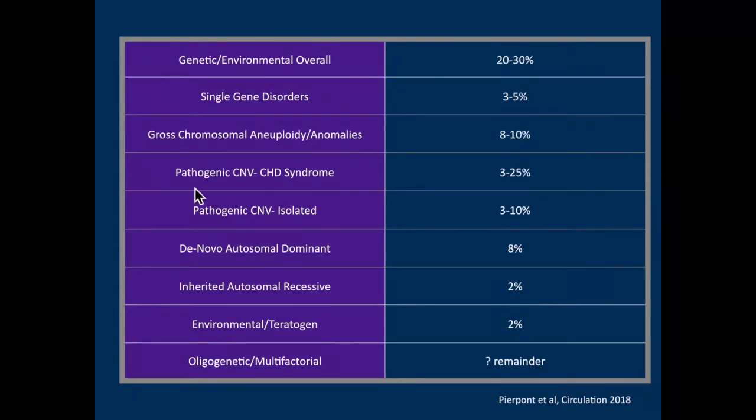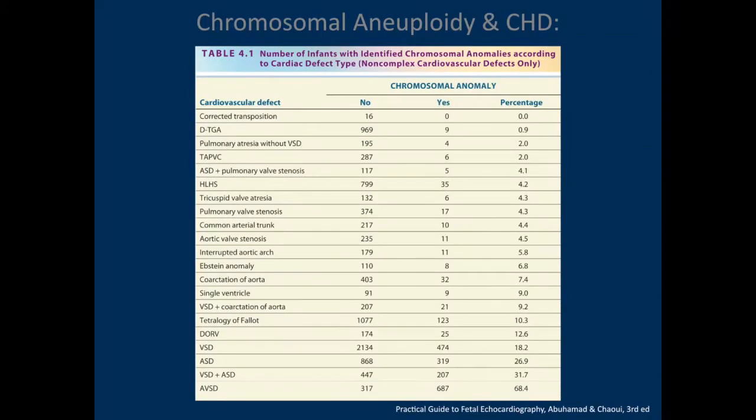But look at the remainder of things that we probably had very little ability to look at before, including pathogenic copy number variants associated with syndromes, or isolated copy number variants that have been deemed pathogenic due to sufficient reports associating that particular variant with a specific phenotype. We also have small numbers of de novo autosomal dominant, inherited recessive, and environmental or teratogenic.